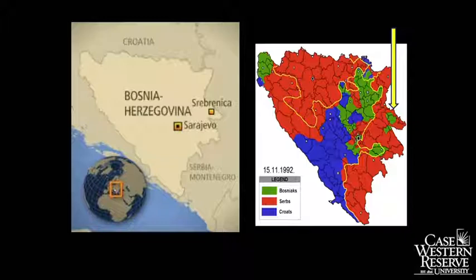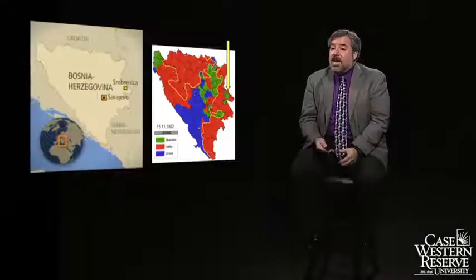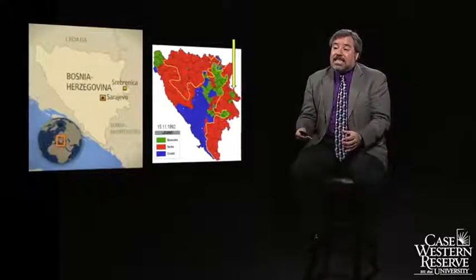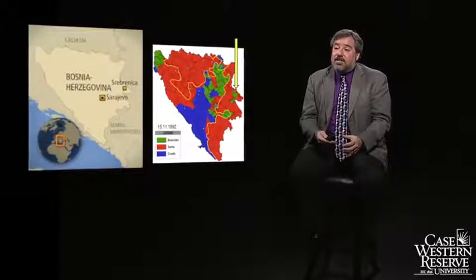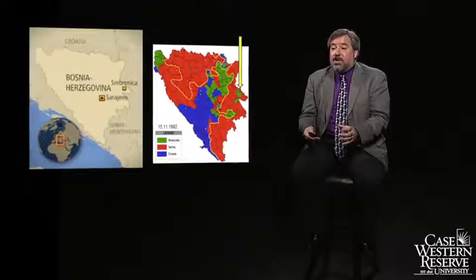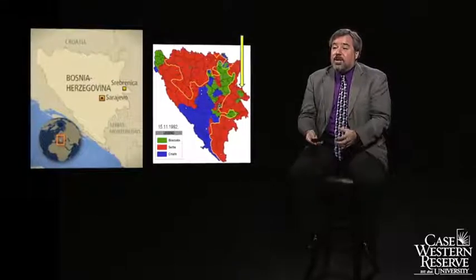What you see is the green areas, which are the large cities, are where the Muslims lived. The red areas, which were more rural, is where the Serbs lived. And the Serbs got together and basically ethnically cleansed many of the cities. And the arrow points to where Srebrenica, which is like an island of Muslims surrounded by Serbs, existed on the map.